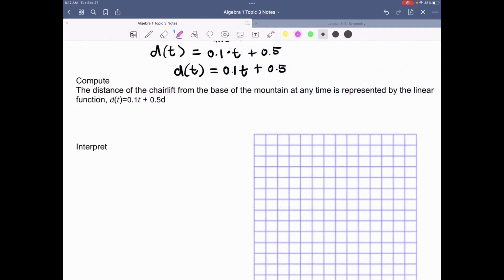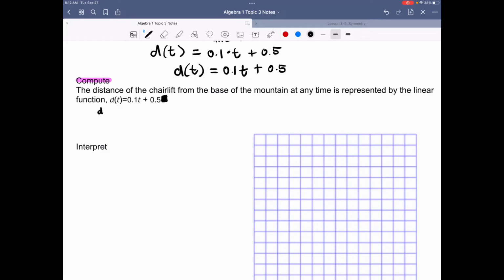And now we will compute. So the distance of the chairlift from the base of the mountain at any time is represented by the linear function d of t equals 0.1 t plus 0.5. Now the letter d was a mistake, and we can just ignore that part.